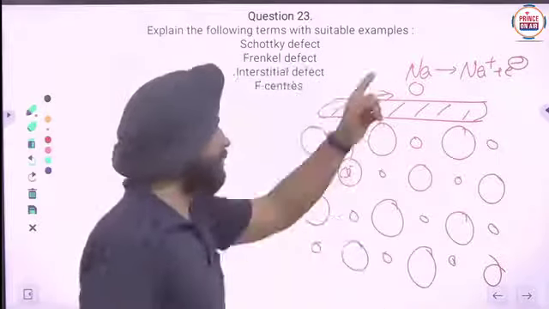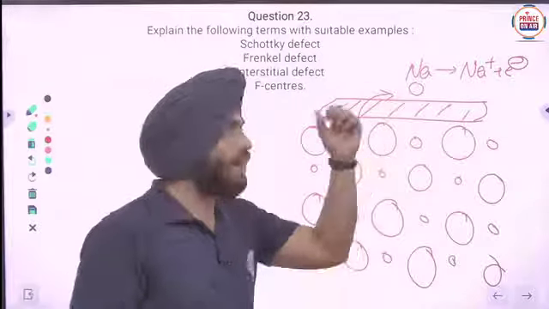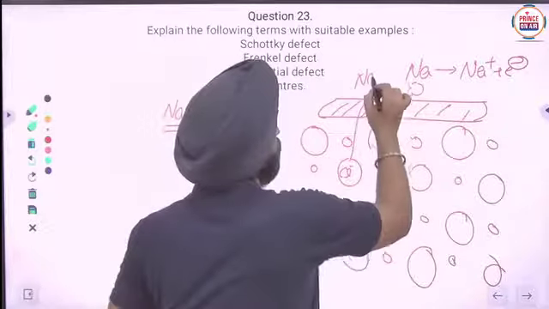That Na positive ion will combine with Cl negative ion and form NaCl on the surface side also.